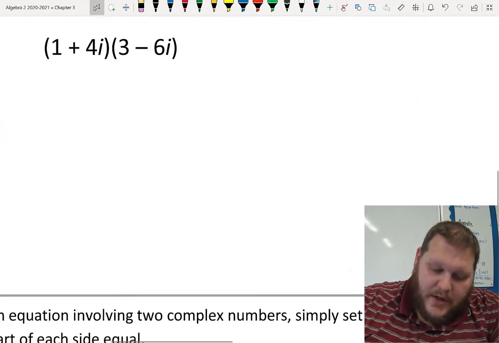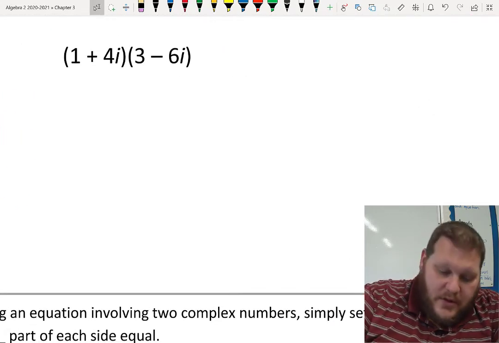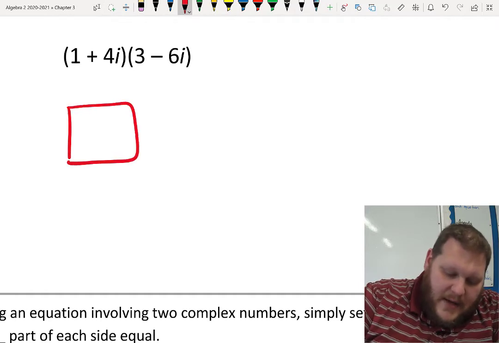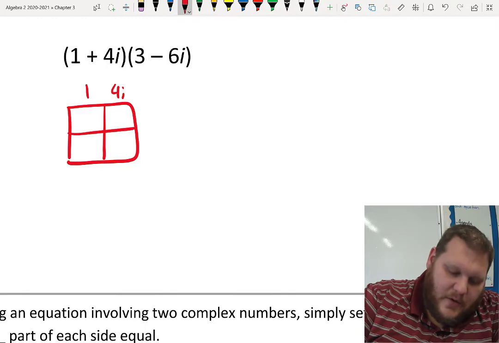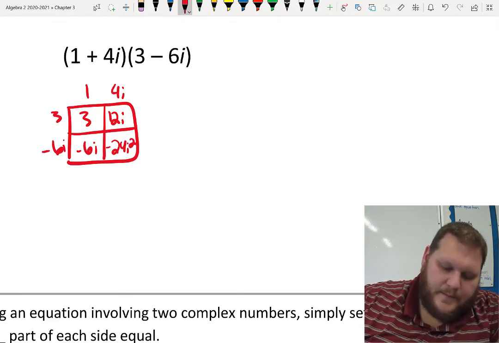For this other one, if you want to do box multiplication, you could. Here I make my little box. So 1 plus 4i, 3 minus 6i. Here we multiply to get 3, 12i, negative 6i, and then negative 24i squared.